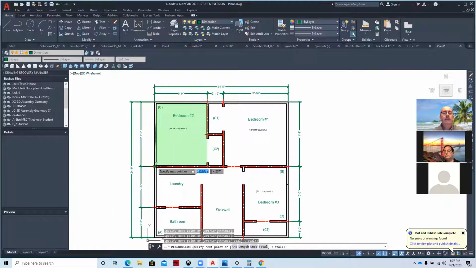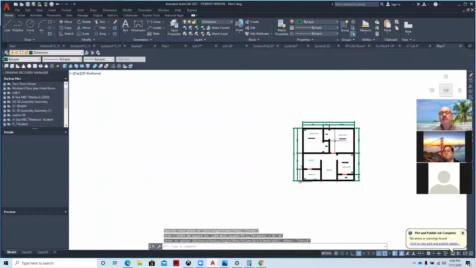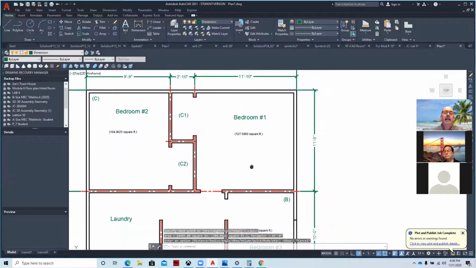So here, I hit enter, and it tells me that the first one is 104.06, which is what I put here. And then I would just use the calculator command to add up the other ones.